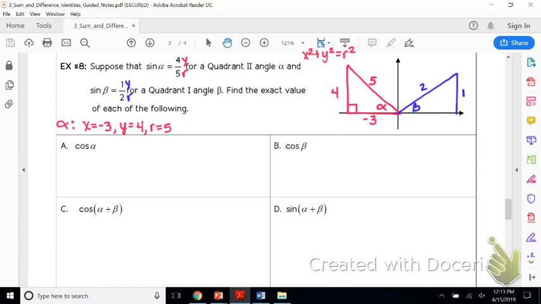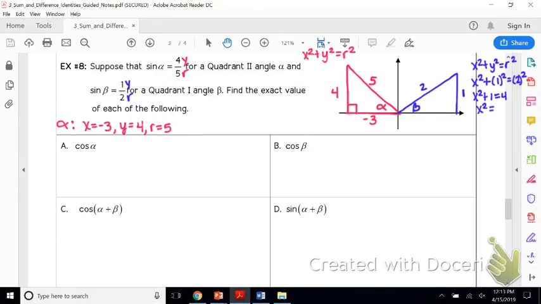So we know x squared plus y squared equals r squared. We don't know x, y is 1, and r is 2. So we get x squared plus 1 equals 4.